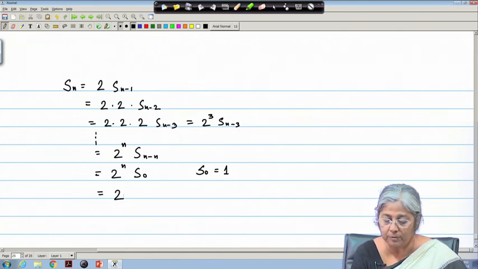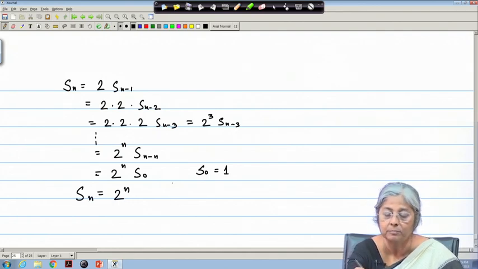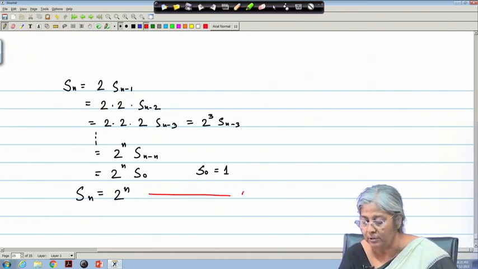So, Sn is 2 to the power n and this is my explicit formula.